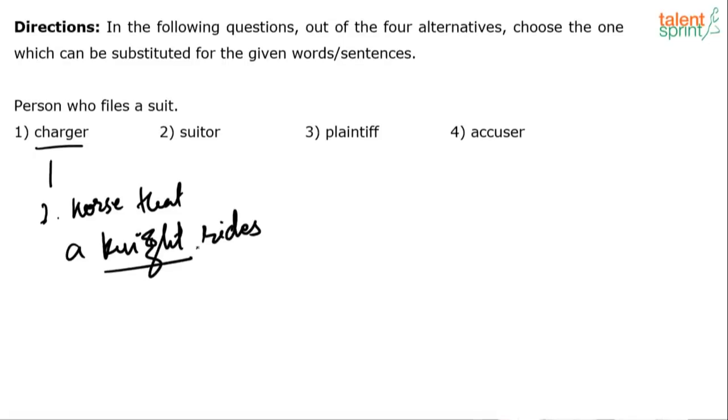I hope all of you know the meaning of the word knight. Knight and knight are homonyms. How many of you are familiar with what homonyms are? Just to clarify, homonyms are words that have the same name.